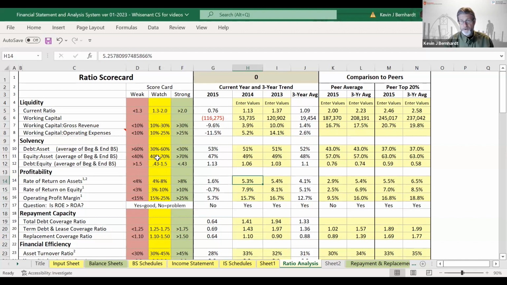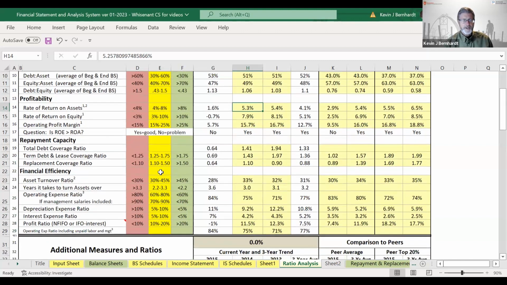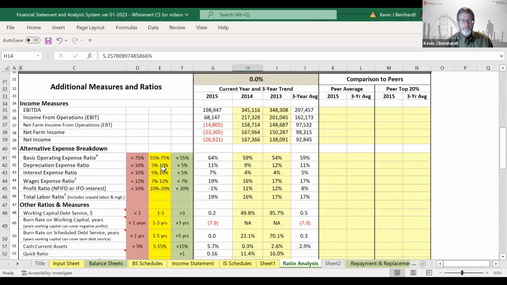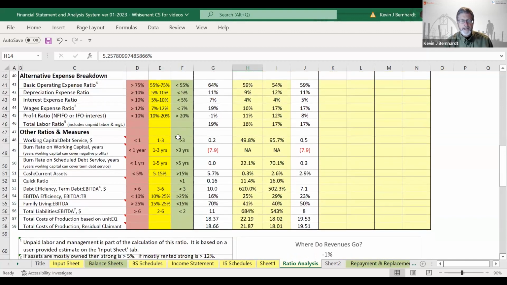Finally, it's been used for a long time. The ratio scorecard has been around for most of my career, I think, and it's been well used and well recognized. In addition, in the spreadsheet, there are additional measures and ratios below the ratio scorecard that also follow the stoplight measuring ability.